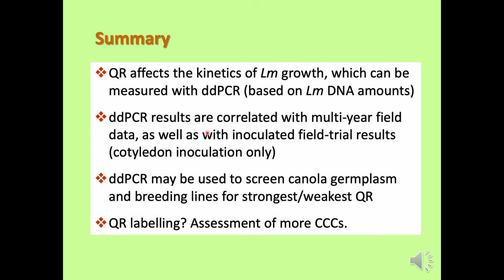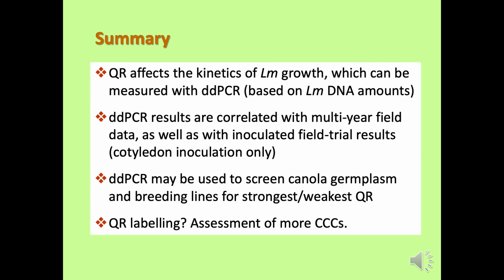For application, I think this ddPCR assay may be used to screen canola germplasm or breeding lines for strongest or weakest quantitative resistance, especially when you have a large number of candidates to be assessed.